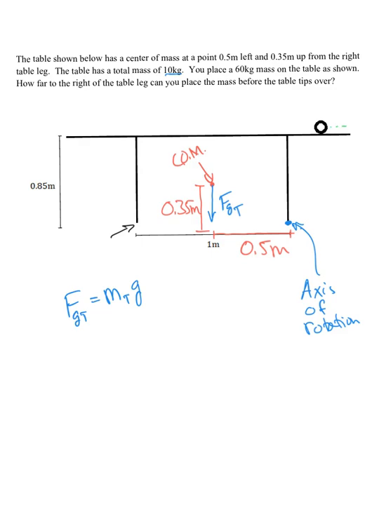Now, we are looking at the point just before the mass tips the table over to the right, which means that we are looking for the point where the force on this leg is actually 0. Because if I move my mass a little bit further to the right, the table tips over and this leg isn't touching the floor.